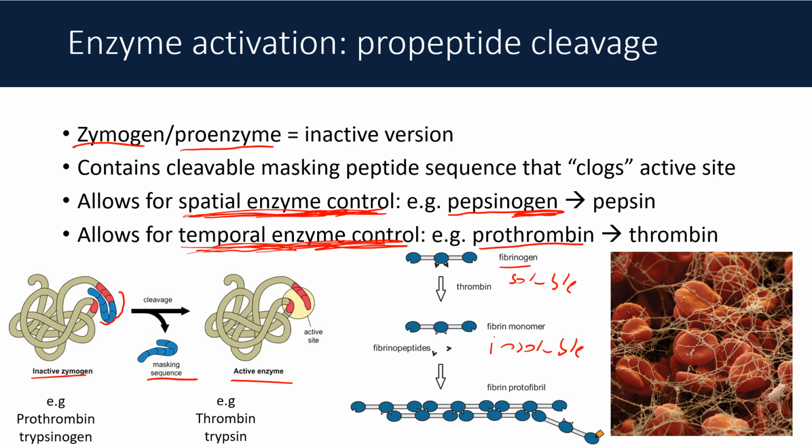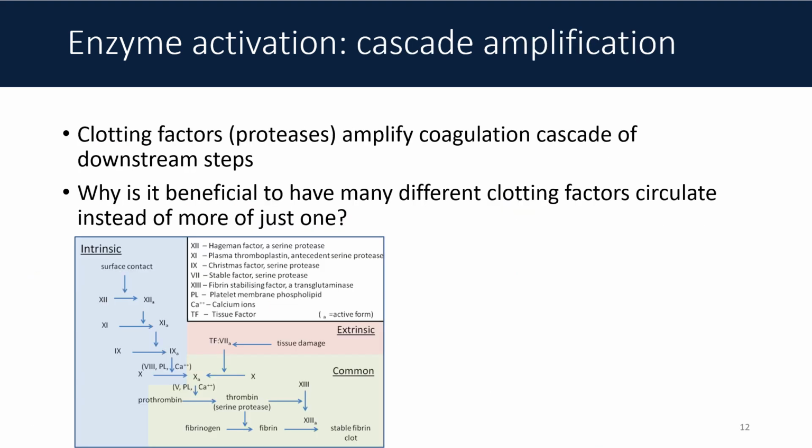So instead, we compromise. We make it, we put a little extra junk on to keep it in the off state, and we turn it on easily the moment we need it, where we need it.